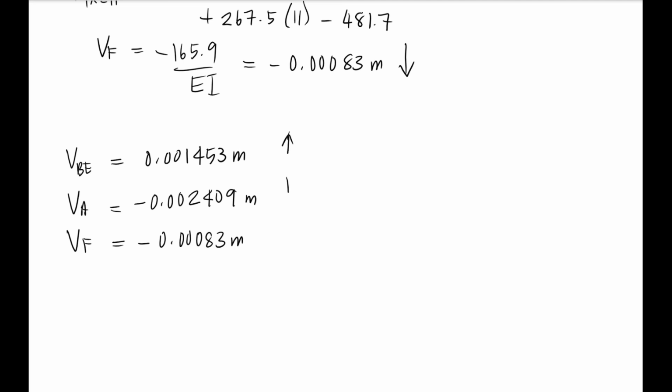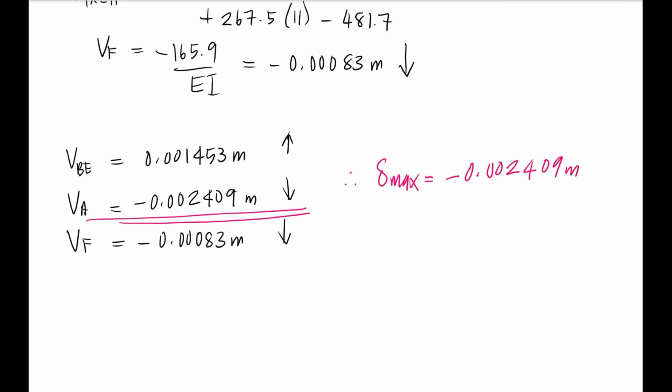So it's going up, going down, down. Based on these three values, we can see that the maximum deflection is at point A. So this will give the maximum deflection. Therefore, delta max is equal to negative 0.002409 meter. Okay, that's all for now. Thank you for watching.